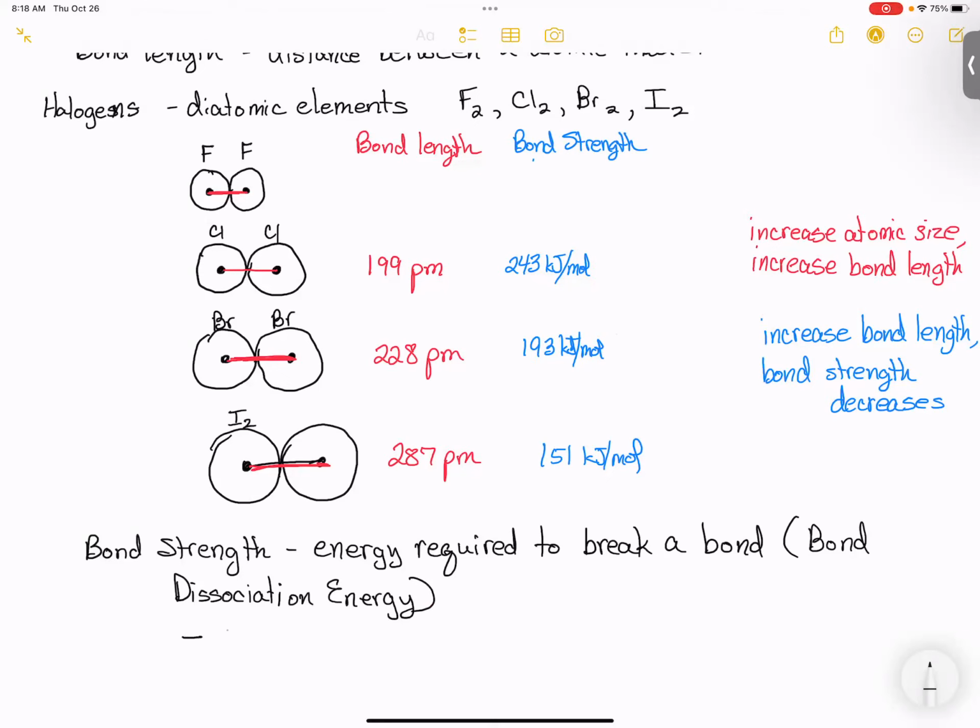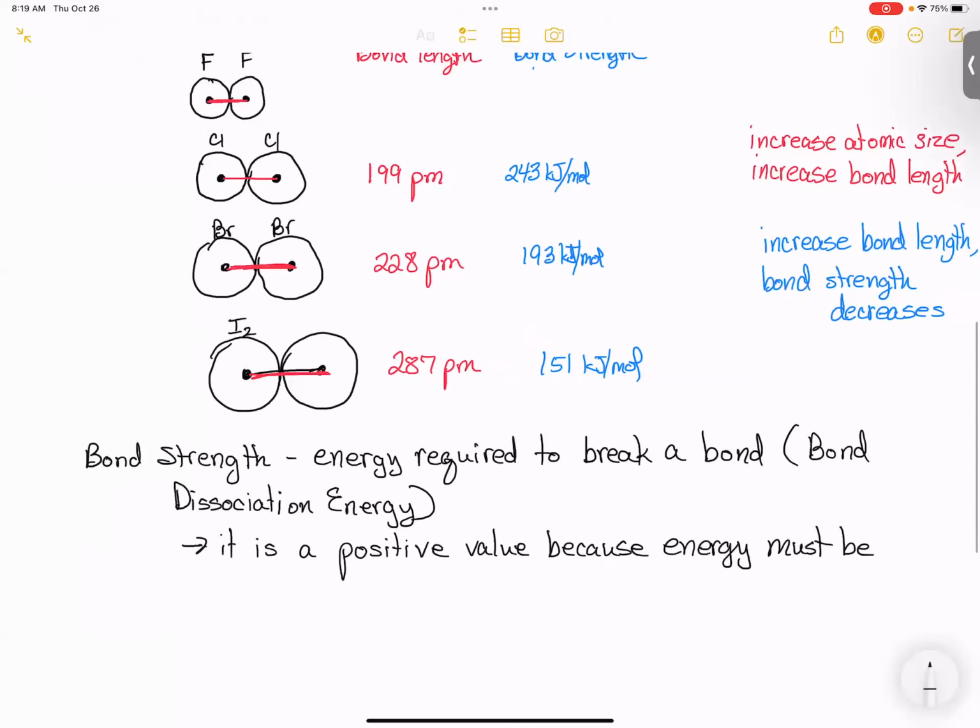It is a positive value because energy must be added to break the bond.